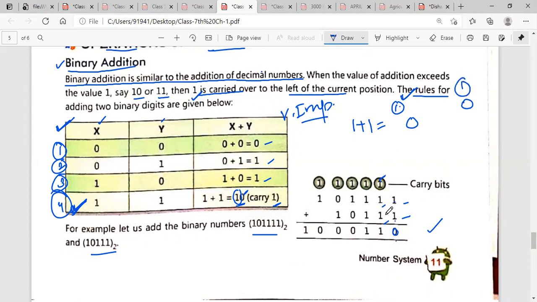Now you can simply take it like this. 1 plus 1 is 0, 1 carry. And again here is already 1 more carry. You can add 1 here. Then you can say 1 is here, and the extra 1 carry will go to the next, to the left side.